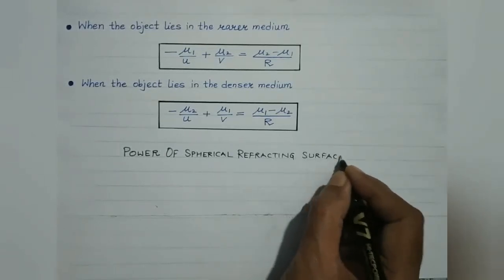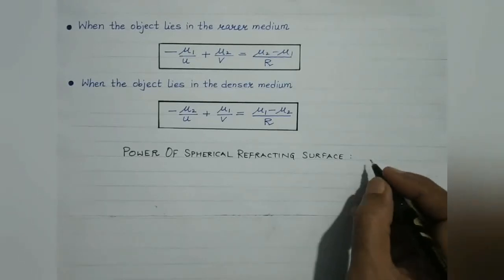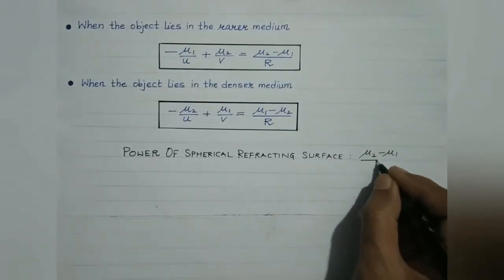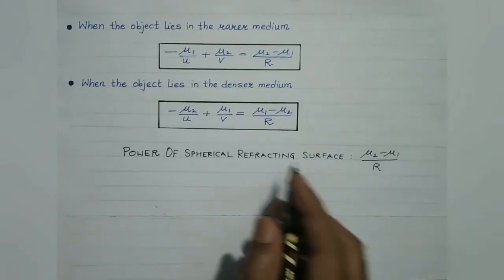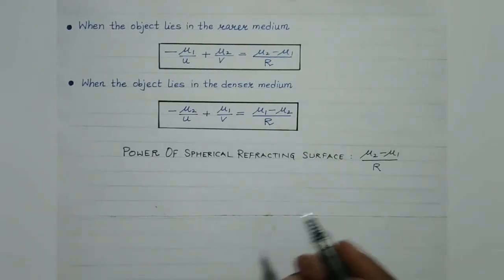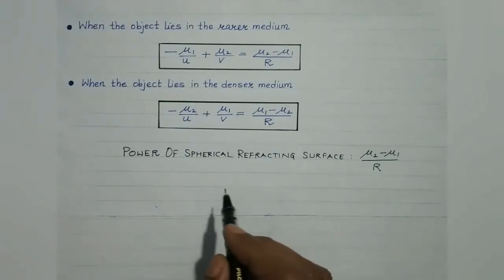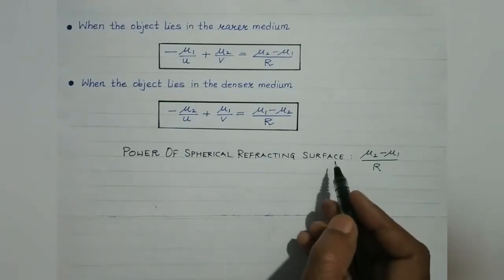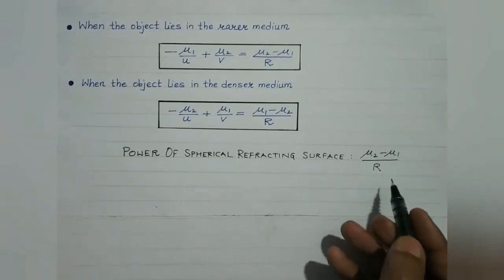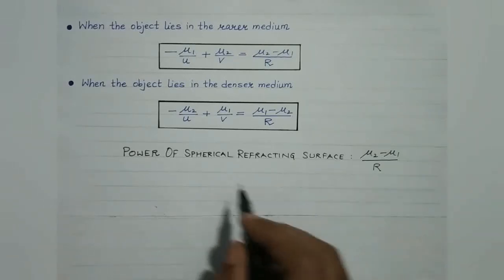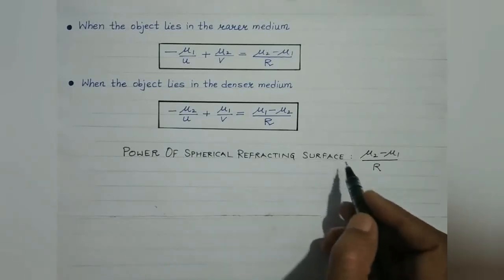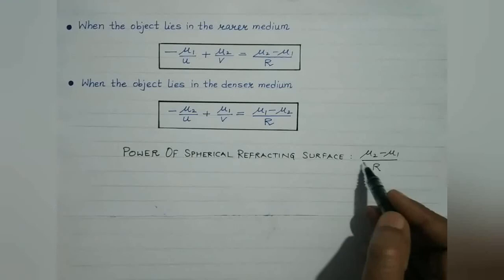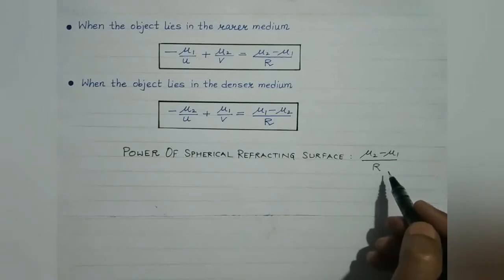It's given by P is equal to mu2 minus mu1 divided by R, or mu1 minus mu2 divided by R, depending upon whether it is concave refracting spherical surface or convex refracting spherical surface. The power of that given surface can be either negative or positive. So the power of a spherical refracting surface is given by the difference in the refractive indices of the two media divided by the radius of curvature.